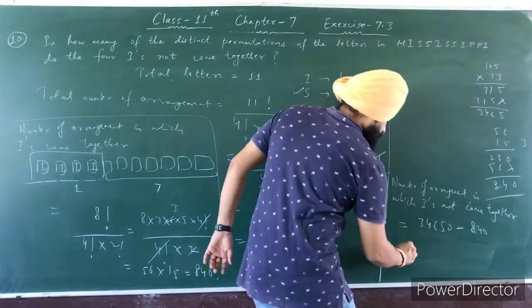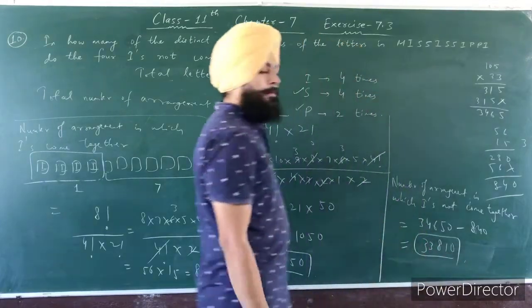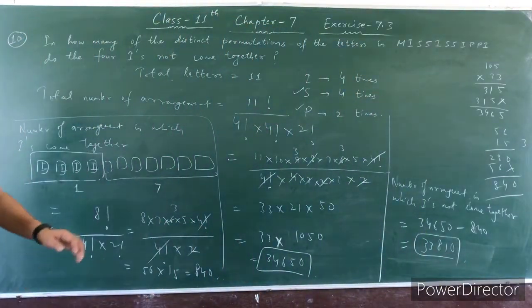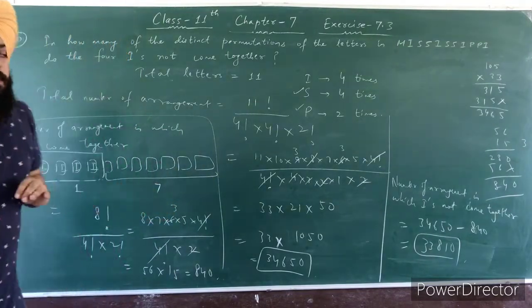So the answer is 33,810. Alright, so there are total 33,810 words in which 4 I's do not come together. So this is your question number 10.